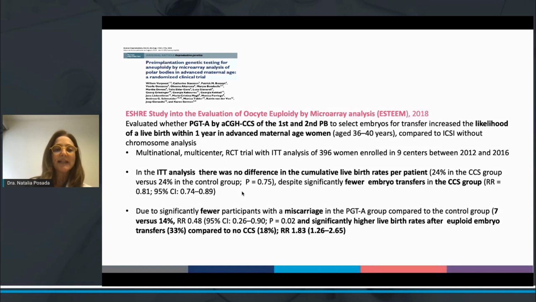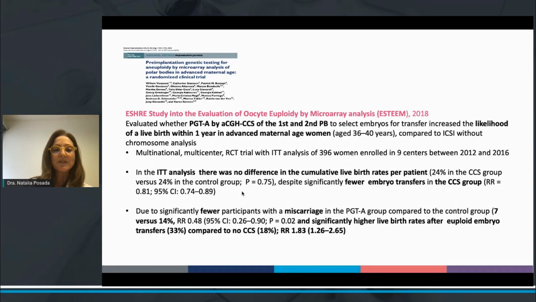The intention to treat analysis showed there was no difference in the cumulative live birth rates per patient. It was 24% in the comprehensive chromosome screening group versus 24% in the control group, despite significantly fewer embryo transfers in the comprehensive chromosome study group.